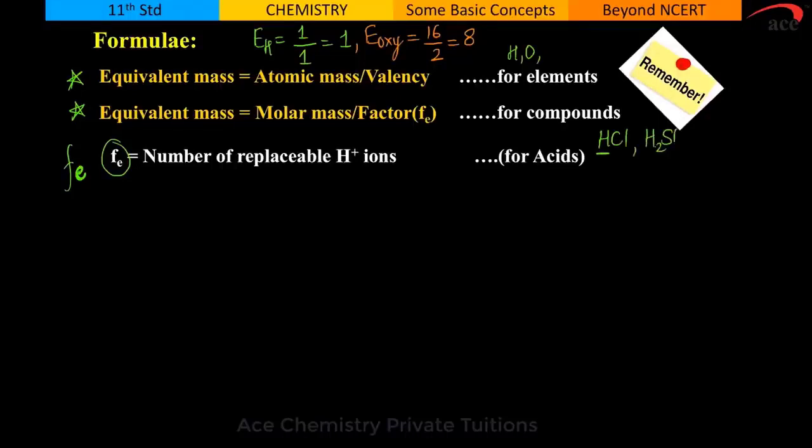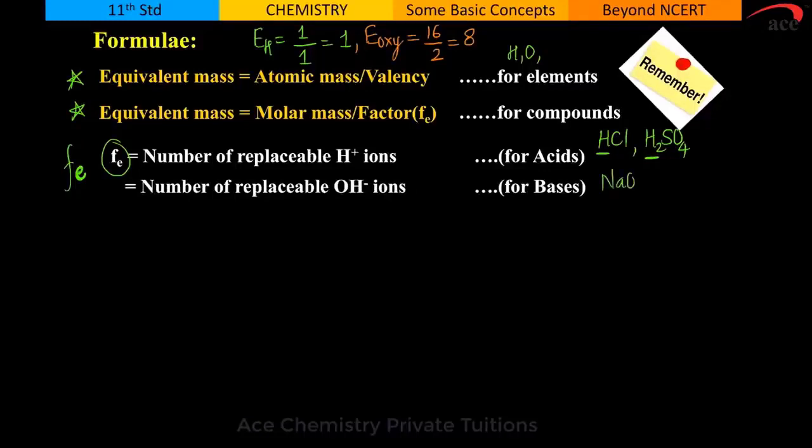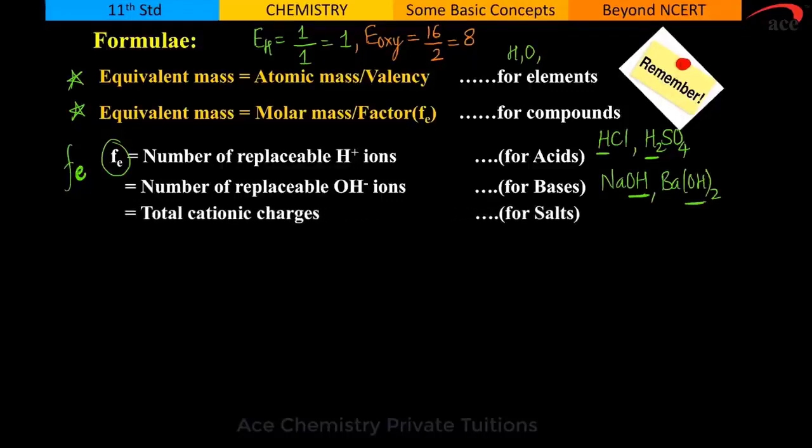Like for HCl, number of replaceable H plus ions will be 1. For sulfuric acid, number of H plus ions will be 2. Then, for bases, number of replaceable OH minus. For NaOH, it will be 1. For barium hydroxide, it will be 2.